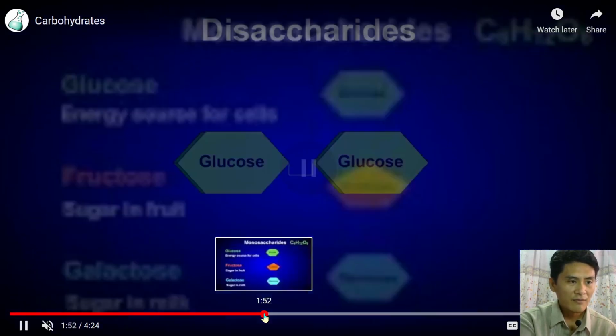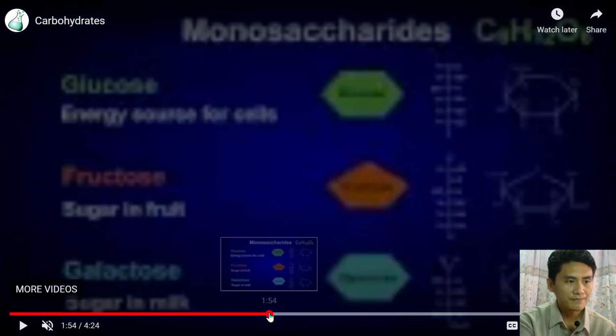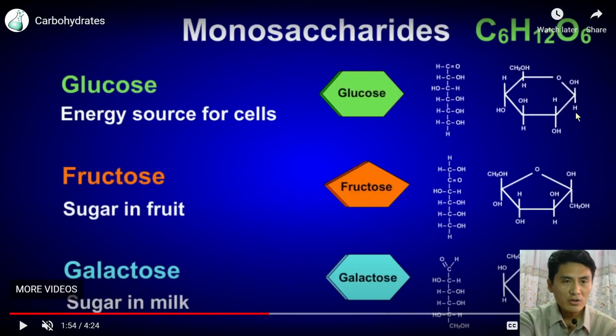So for example, let's pause this video right here. If you are going to bond glucose and fructose, you would need the H here and you would need the OH here. So think of it as this bond here where the H is supposed to be, and this bond here where the OH is supposed to be. That's the bond that would connect the glucose and the fructose.